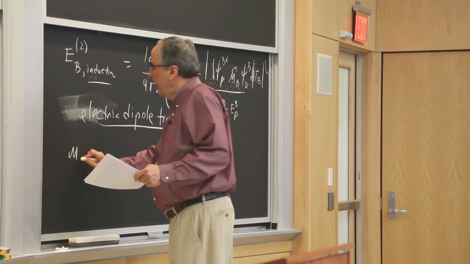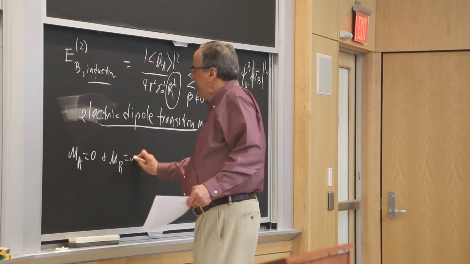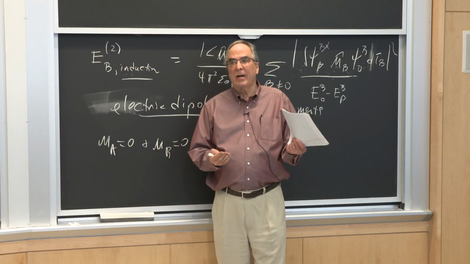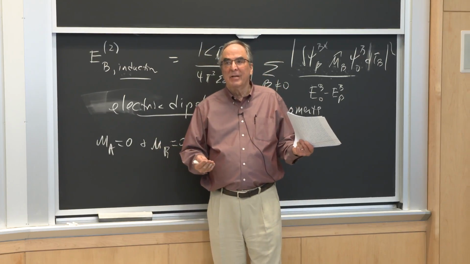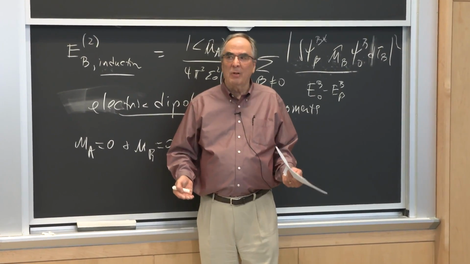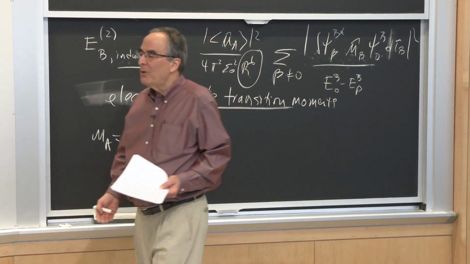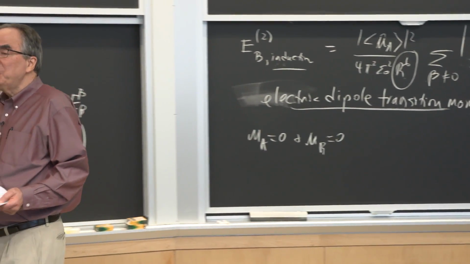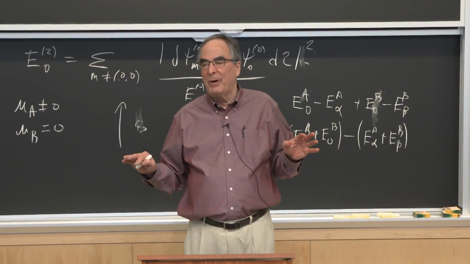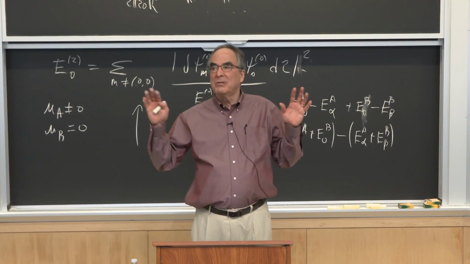Suppose mu A equals 0 and mu B equals 0. Will the particles interact with each other? Will they attract each other? And the answer is yes. And it's going to be an induced dipole interaction, which, now, since most people who write for general science have no clue about what quantum mechanics is, they will talk about all sorts of fanciful things.